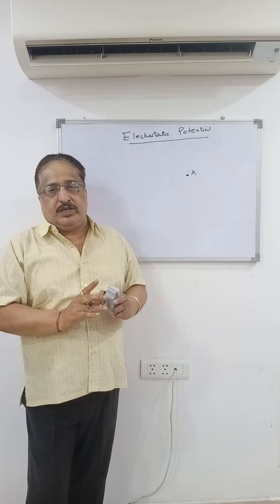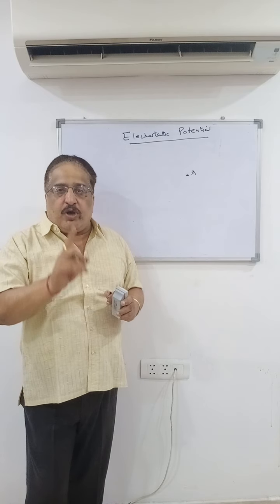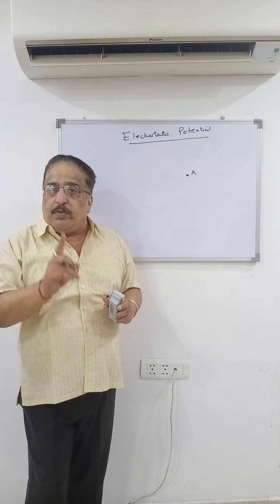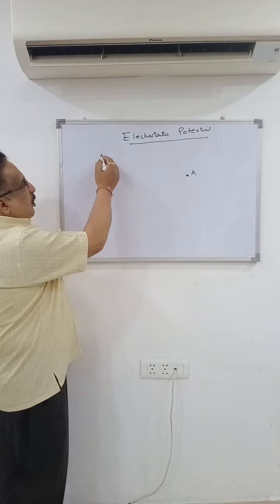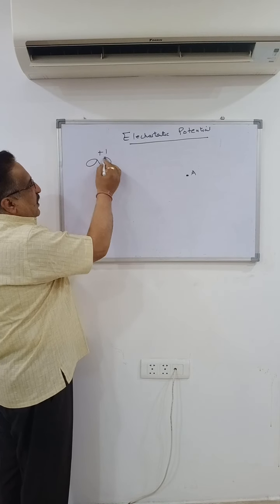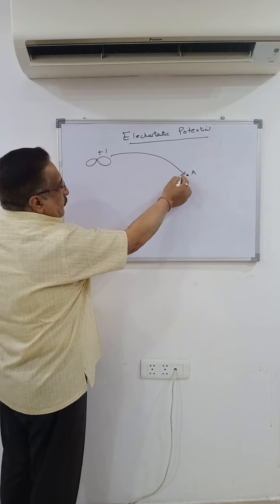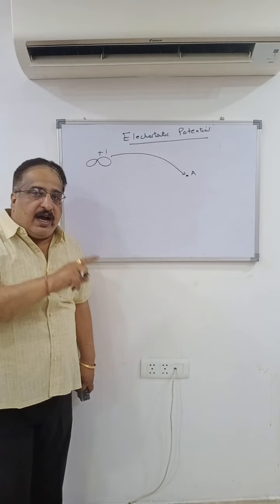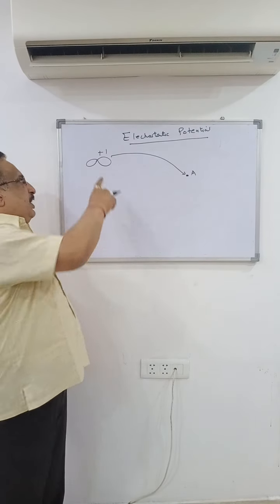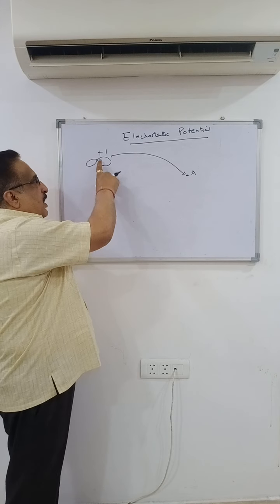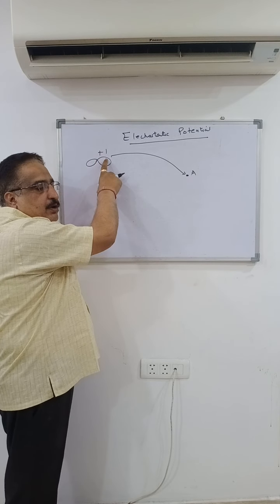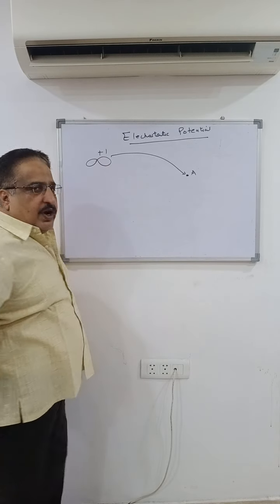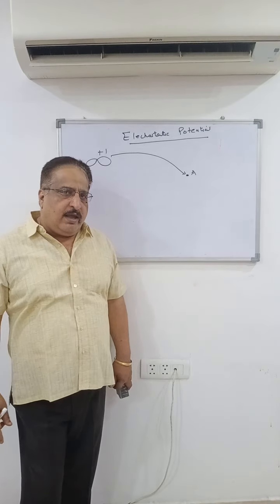unit positive charge. What do you mean by the word unit positive charge? Plus 1 charge. A charge of magnitude plus 1, from infinity to this point. You understand? It is the work that has to be done in moving a unit positive charge from infinity to point A. So how will you define the electrostatic potential at point A?